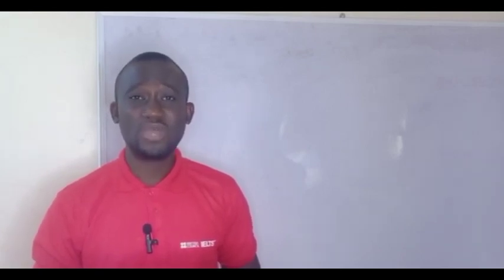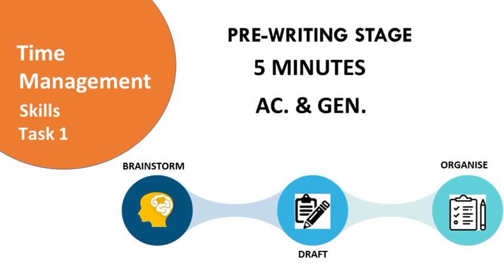So, I will be giving you insights into these writing stages. For task 1, which takes 20 minutes, the pre-writing stage, you are expected to use 5 minutes out of the 20 minutes that you will be given in your test.